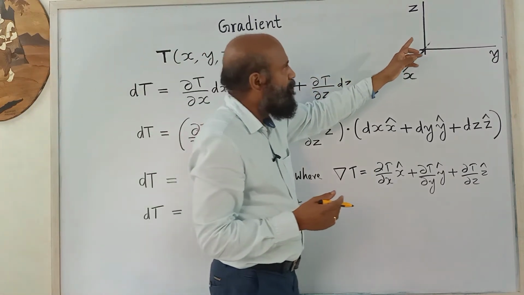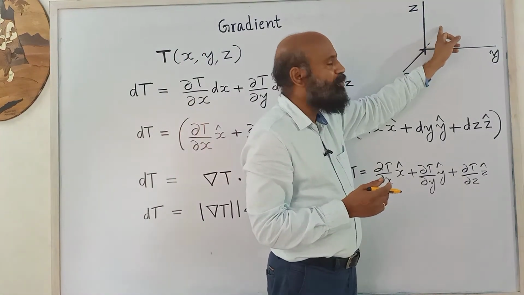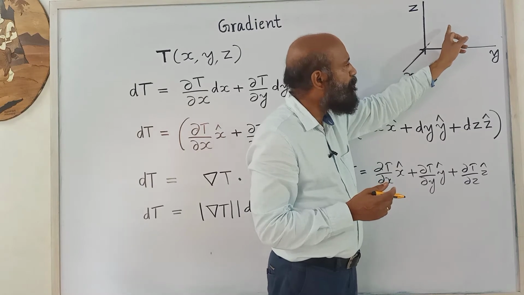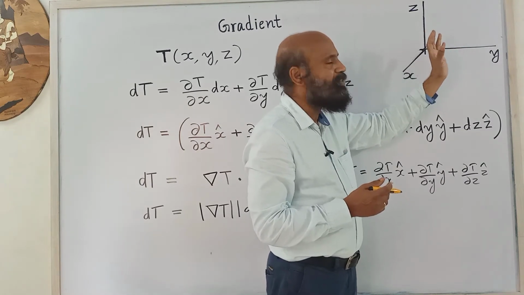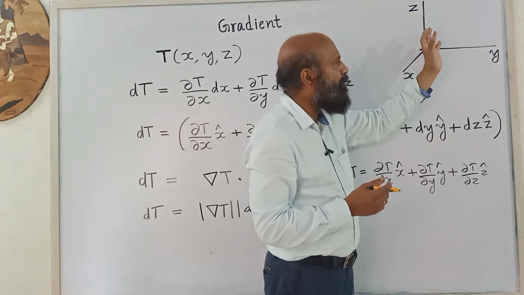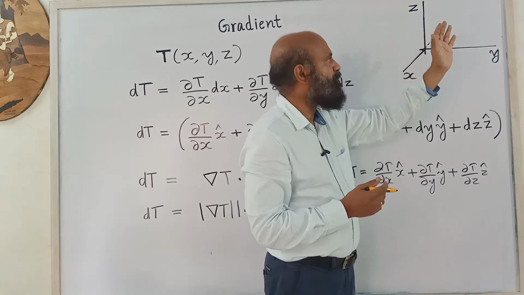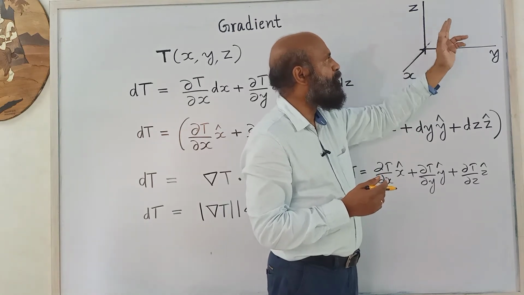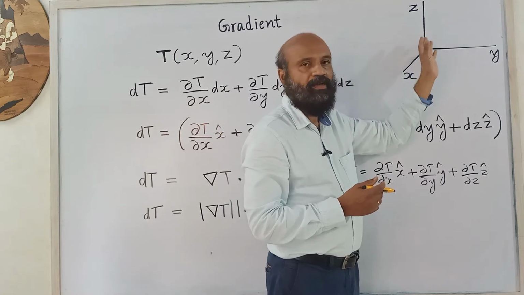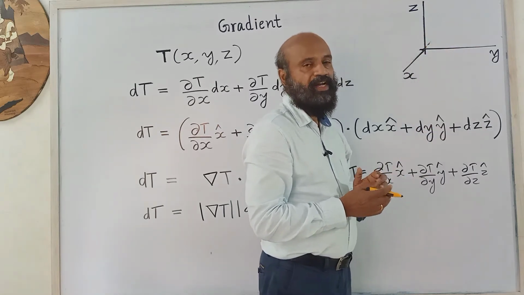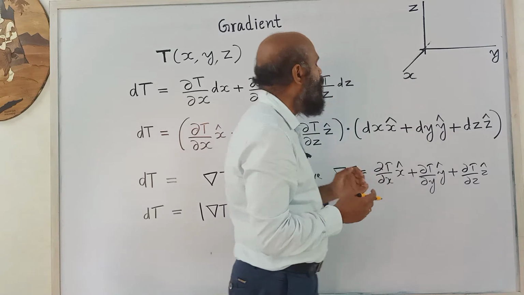So here we have to find out the rate of change of temperature, how fast temperature is changing. Here there are an infinite number of answers because you can move upwards, sideways, down, top, bottom, like that. There are various directions in which you can move.